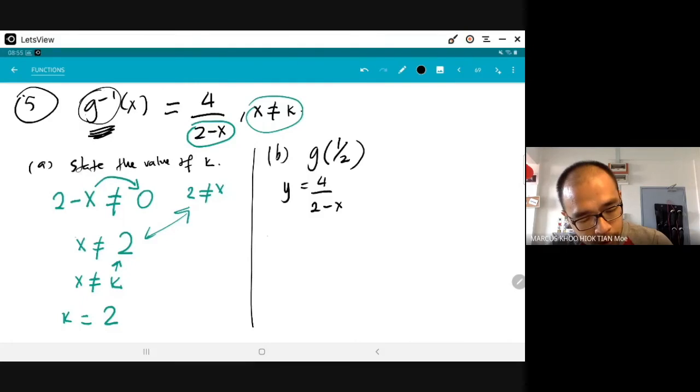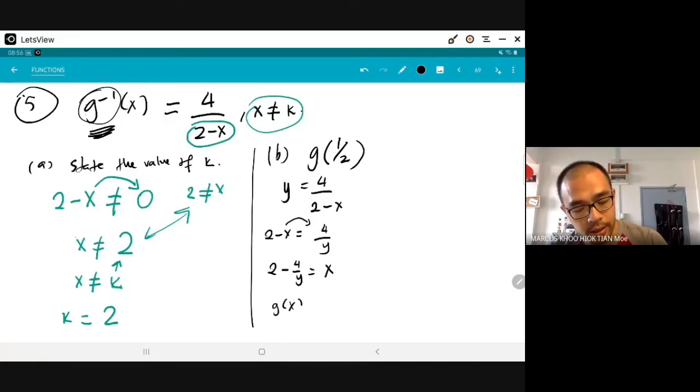So, pindahkan 2 minus x equals to 4 over y. So, saya pindah x pergi sebelah lah. 2 minus 4 over y equals to x. Jadi, g(x) equals to 2 minus 4 over x.